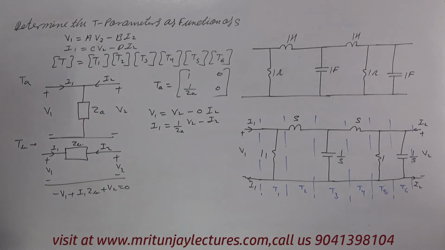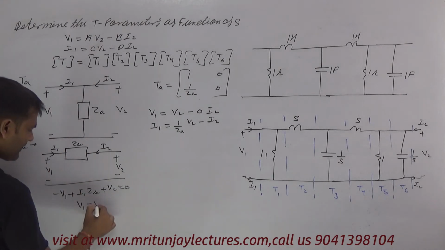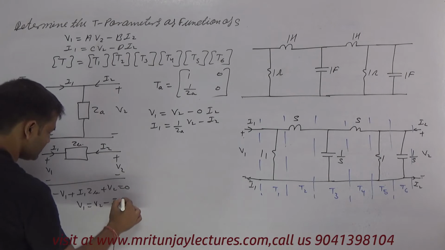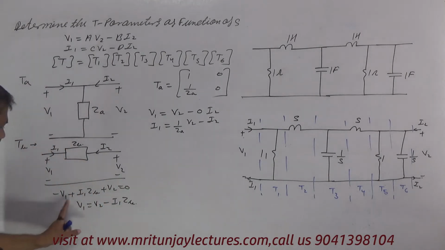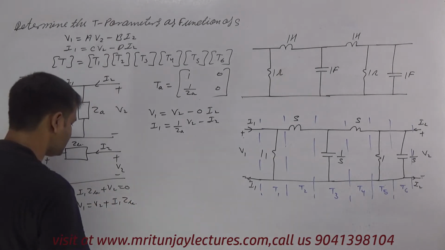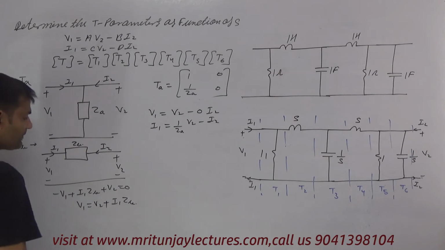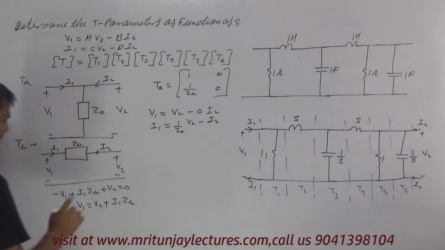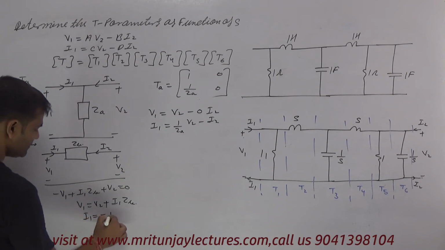So V1 is written as V2 plus I1 into ZB. Now another way, what about I2? I1 is equal to minus I2.